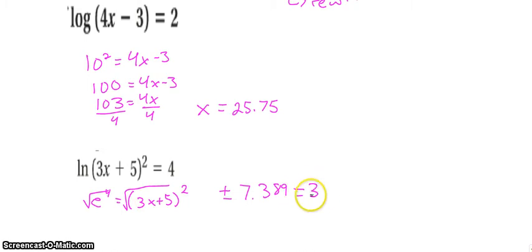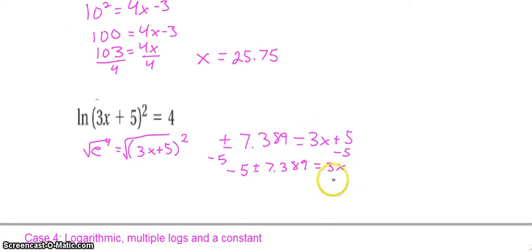So that equals 3x plus 5. Subtract your 5. So I've got negative 5 plus or minus 7.389 equals 3x. And that's all going to divide by 3.